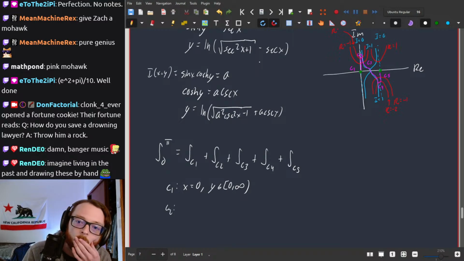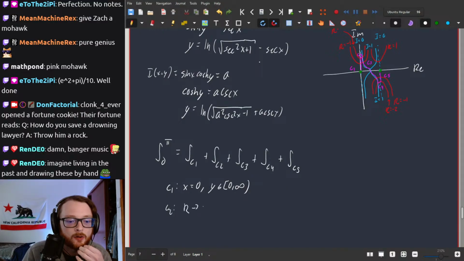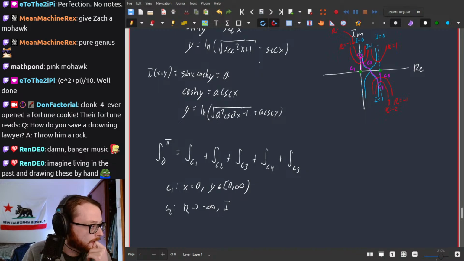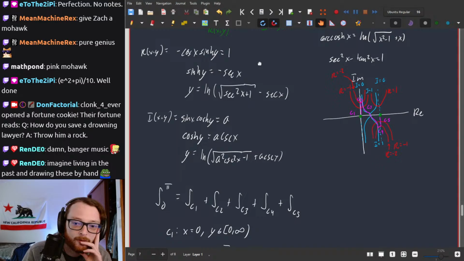On C2, R is going to minus infinity, and how do we parameterize this?